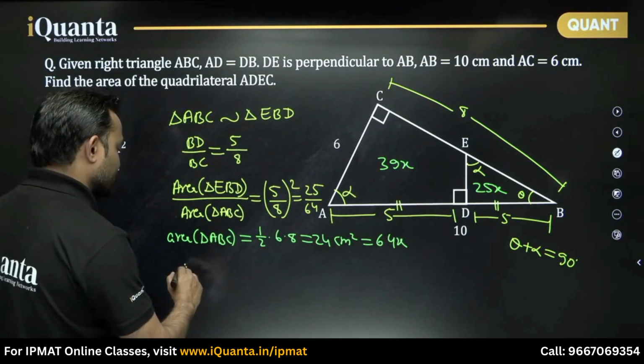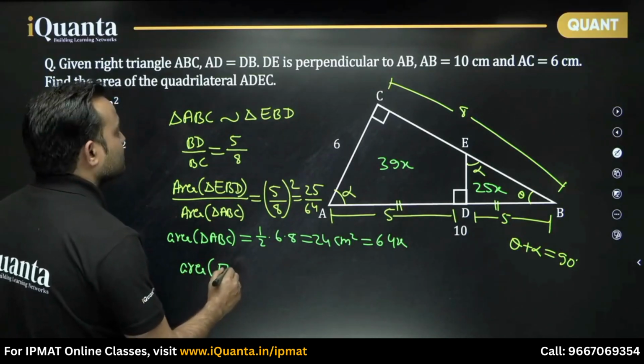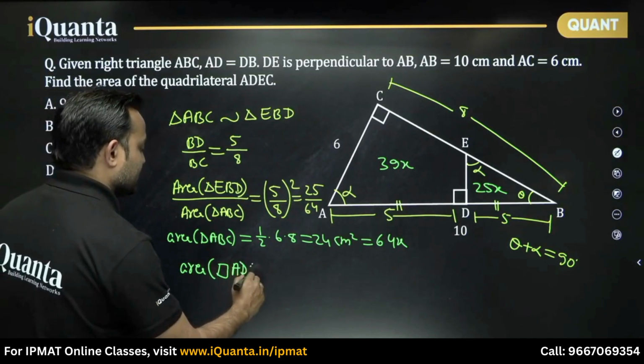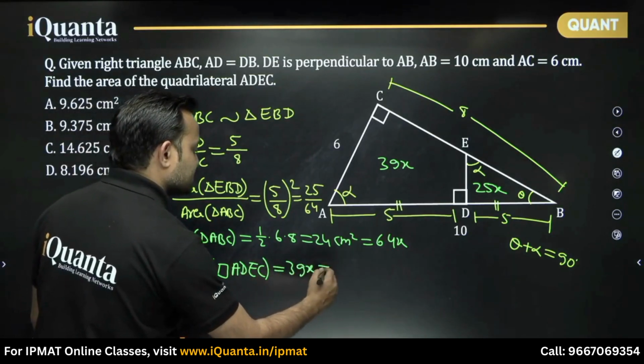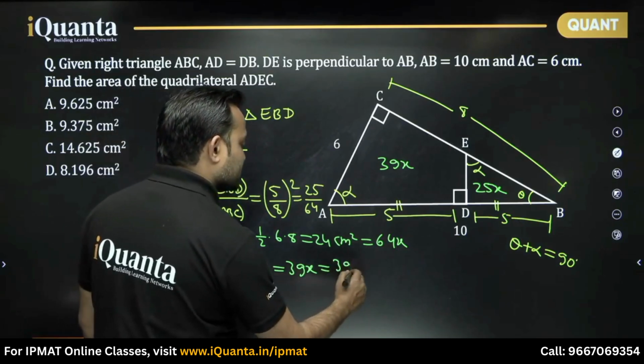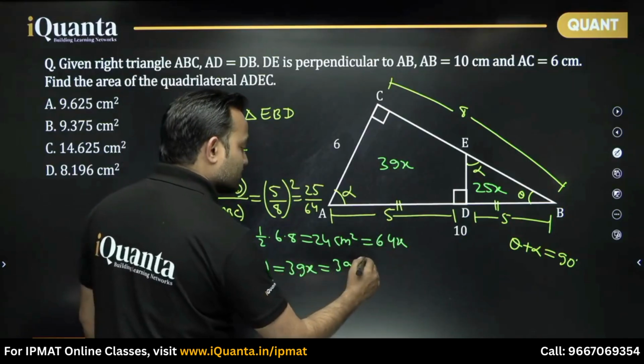So can we find the area of quadrilateral ADEC, which is equal to 39x, or instead of x I can put 39 into, x will be equal to 24 by 64.